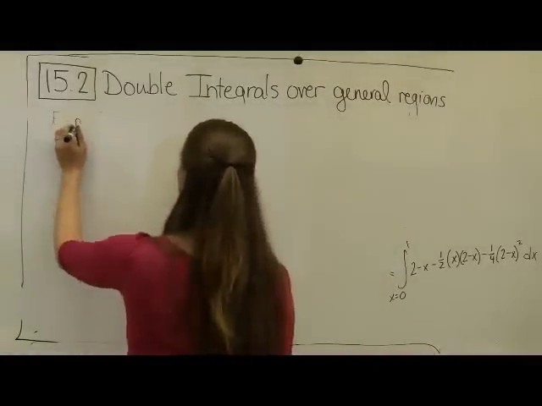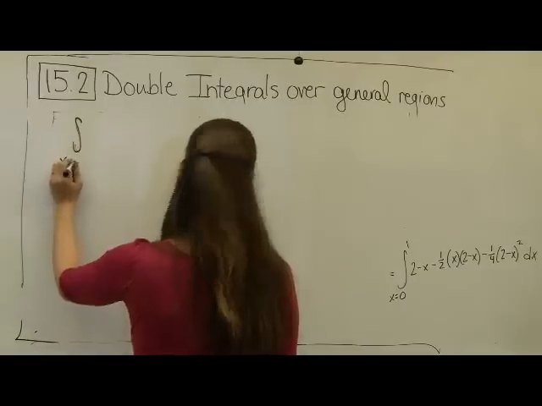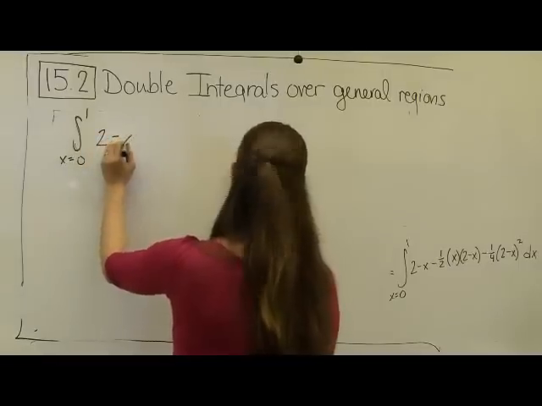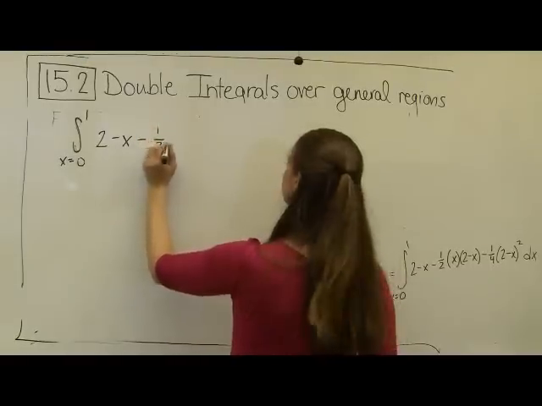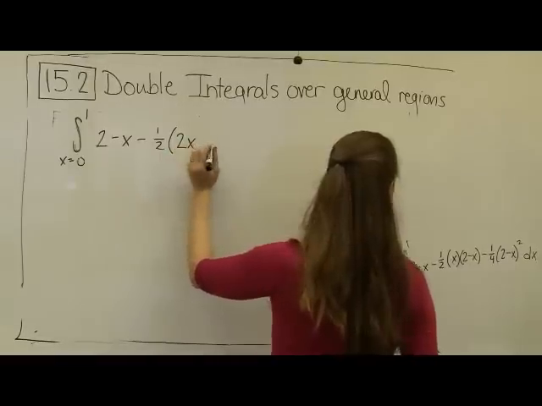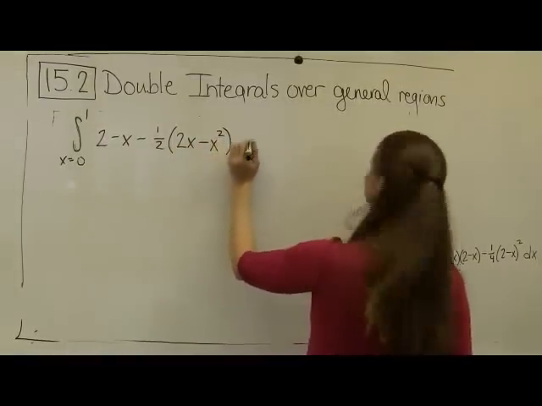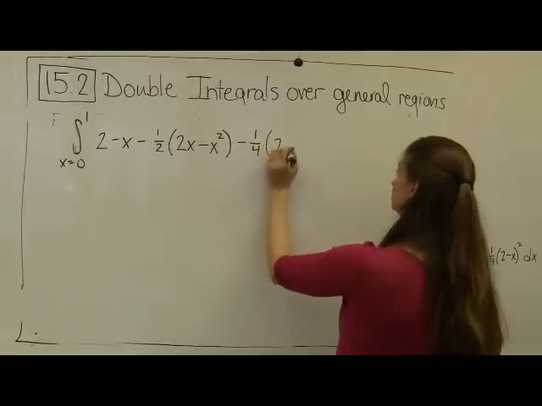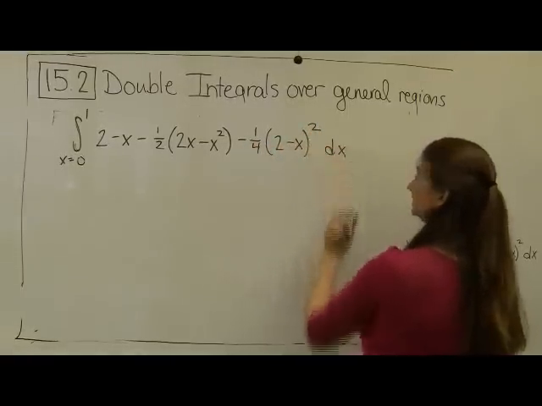So I'm left with an integral where x equals 0 to 1 of 2 minus x minus 1/2 times 2x minus x squared, minus 1/4 times 2 minus x quantity squared dx.